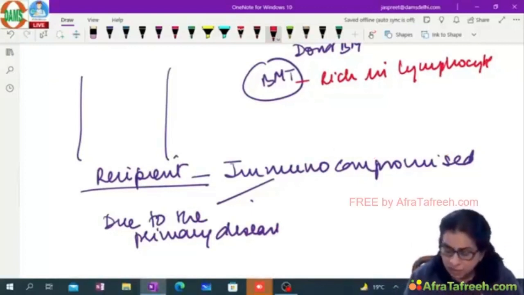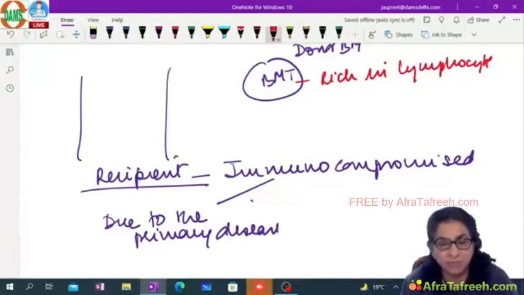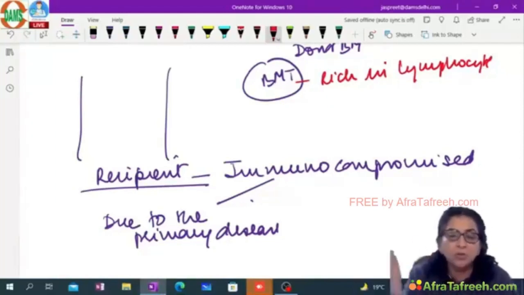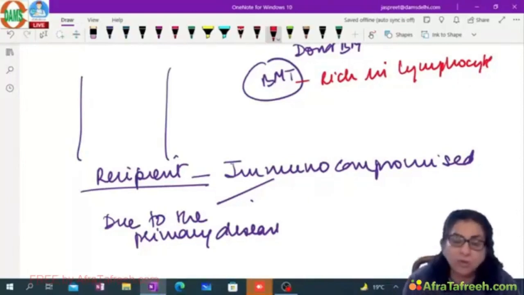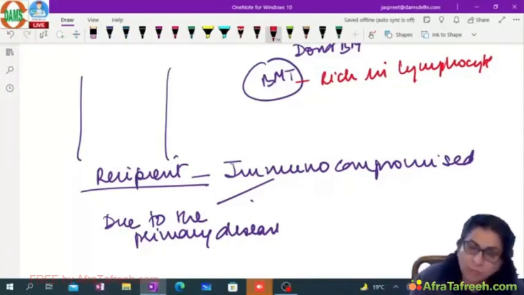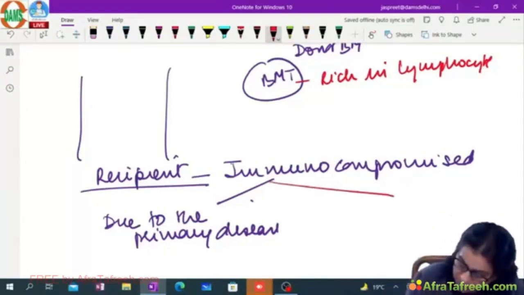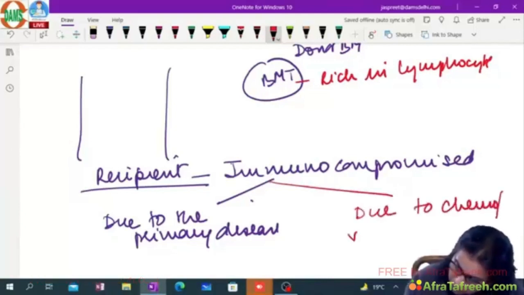Why are you giving him a bone marrow transplant? Because he has acute leukemia. Acute leukemia is making this recipient immunocompromised. Second, they are immunocompromised due to chemo or radiotherapy.